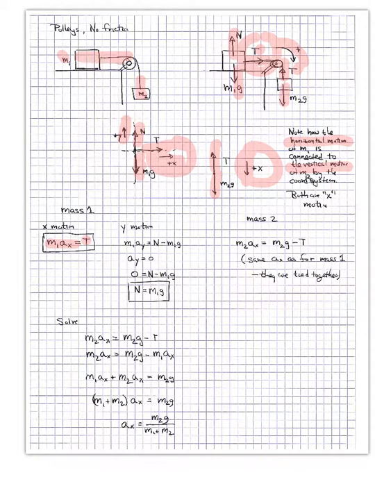The block does not fly off the table, so the acceleration is 0. So I can now find the normal force acting on mass 1.